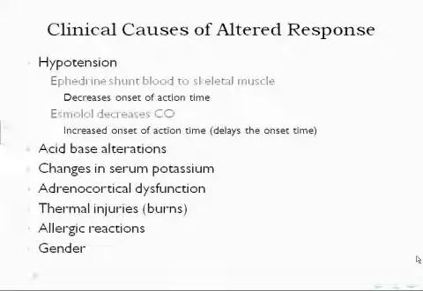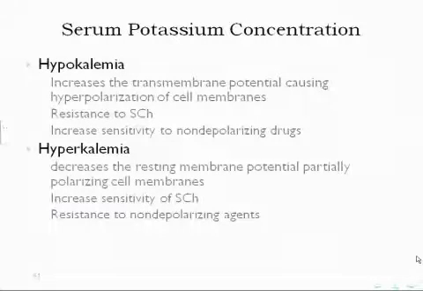You can also see alterations in acid-base status, potassium, adrenocortical dysfunction, thermal injuries, allergic reactions, and gender. All of these give different altered responses to non-depolarizing agents. So let's look at each one. If you look at serum potassium levels, unfortunately I had to give both in this slide.